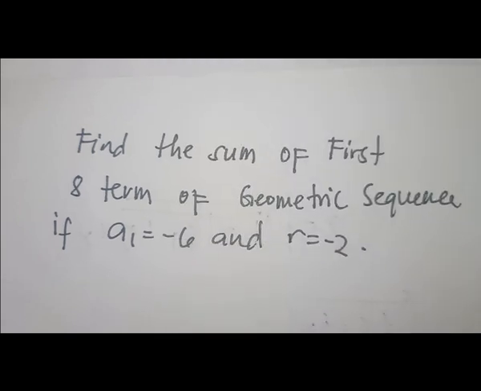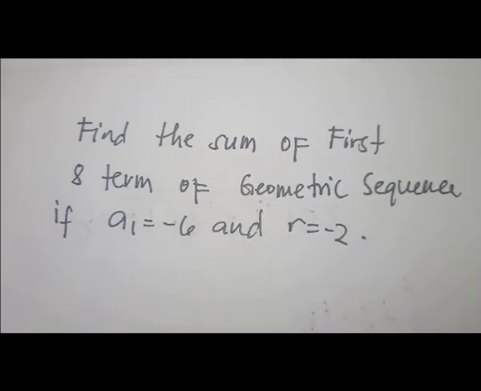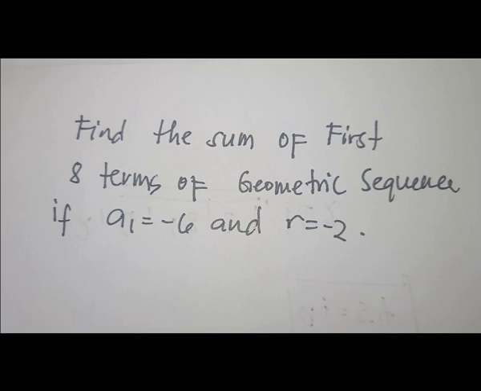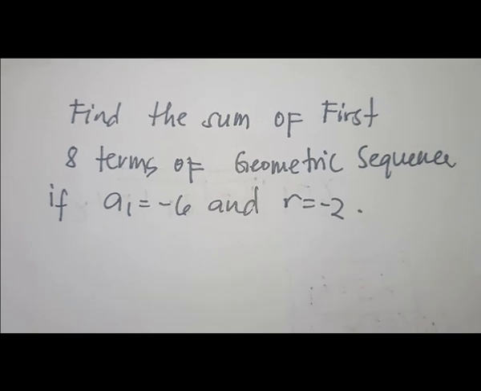Okay, let's have another example. Find the sum of the first 8 terms of a geometric sequence if a sub 1 is negative 6 and its common ratio, or r, is equal to negative 2.